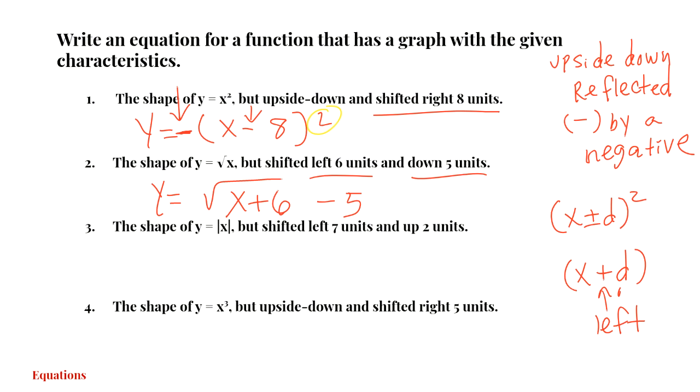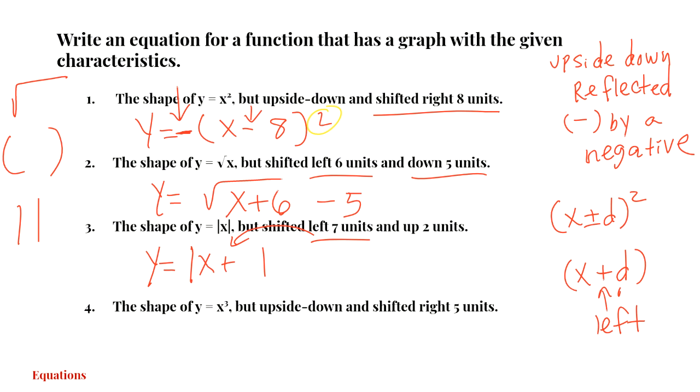For the third one, we have the absolute value of x. And it's going to the left again, so that's inside. So remember, left and right goes inside of any symbol, so it goes inside of a square root, any parentheses, absolute value.